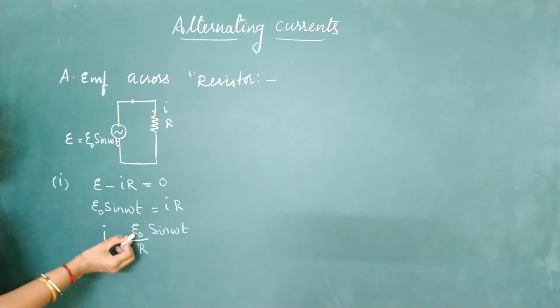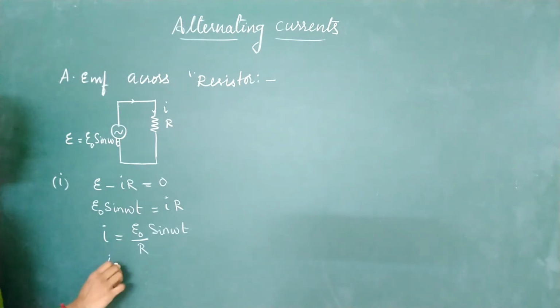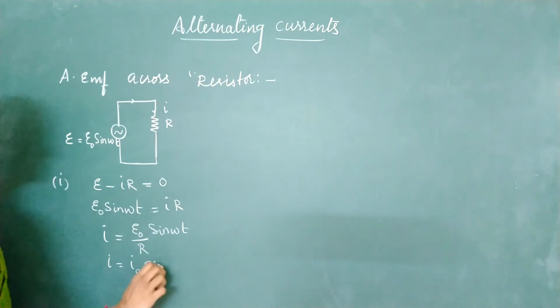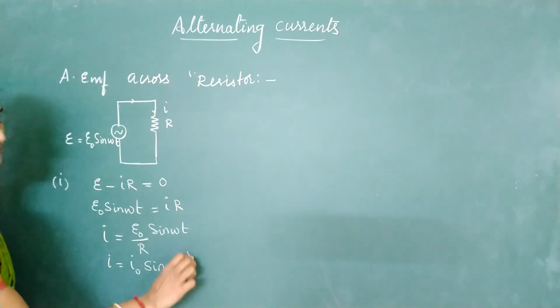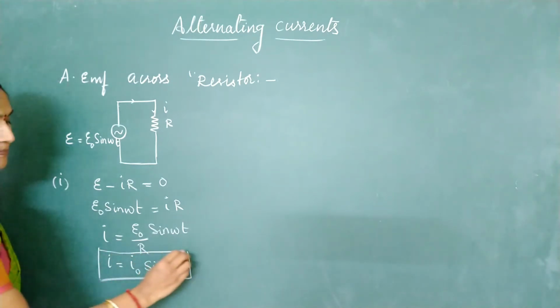The amplitude of EMF divided by resistance, I'll call this the amplitude of current, I0 sine omega t. Observe how the current varies with time.